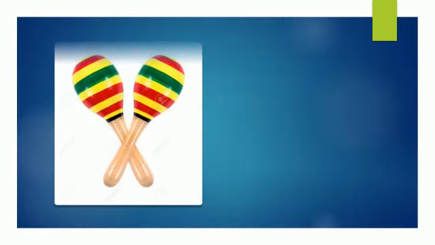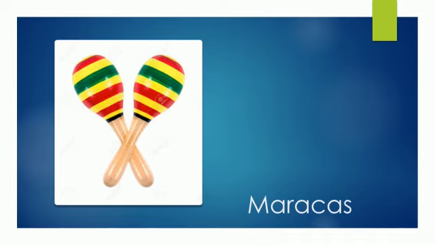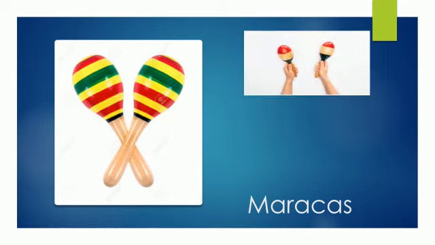Next musical instrument is, any guess? Yes, this is maracas. Repeat with me. This is maracas. It is an instrument usually played in pairs, one in each hand, by holding it from the edge.